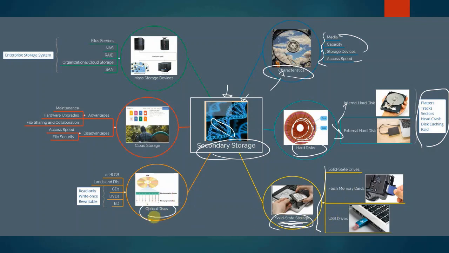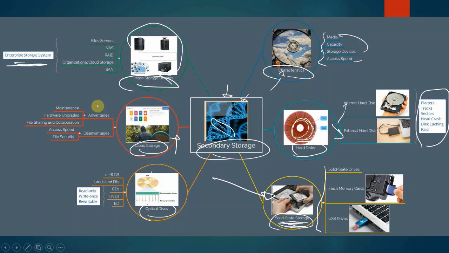And then the optical disk, where we read a disk and look for a land or a pit that tells us whether it's ones or zeros. The cloud storage, rather than storing locally on our own laptop, we're storing up in the clouds. Number two, mass storage devices and the components we would use in an enterprise storage system. And that's it for Chapter 7.